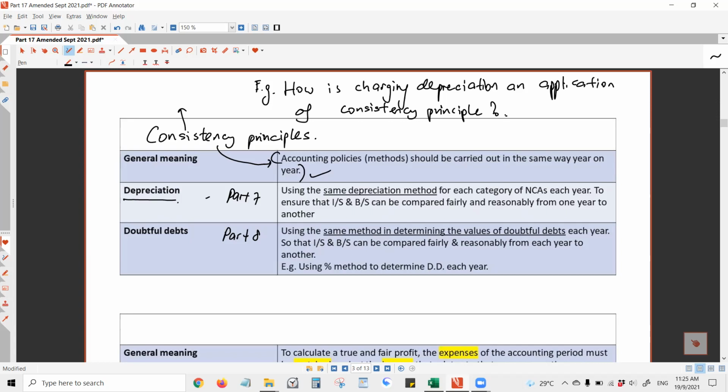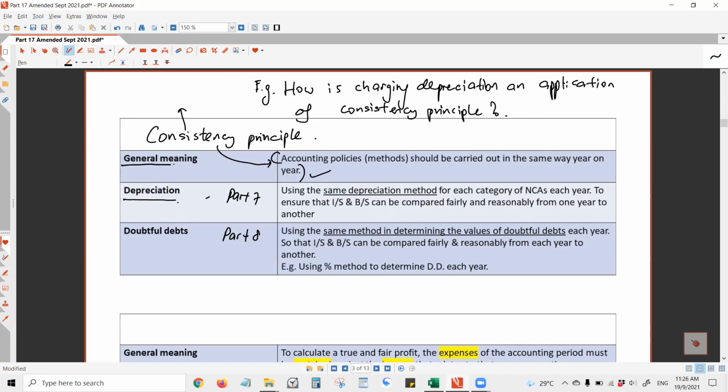How is charging depreciation an application of the consistency principle? Basically, it's asking you how charging depreciation is related to this consistency principle.